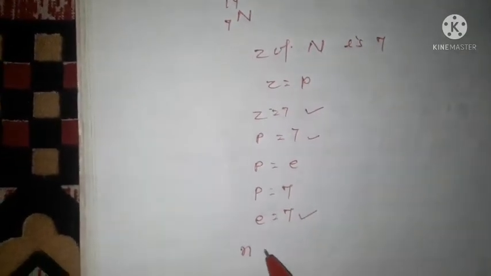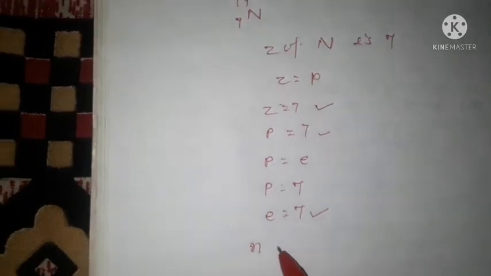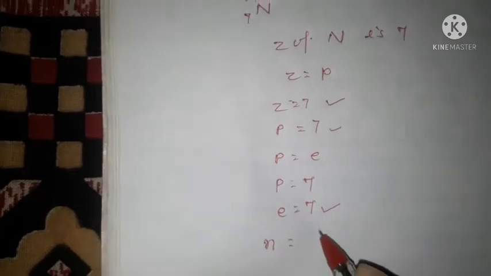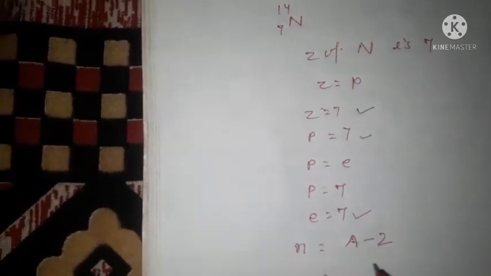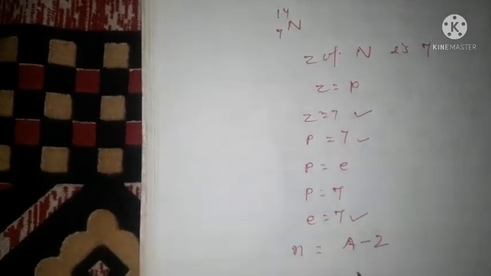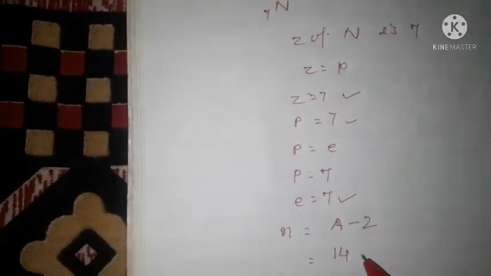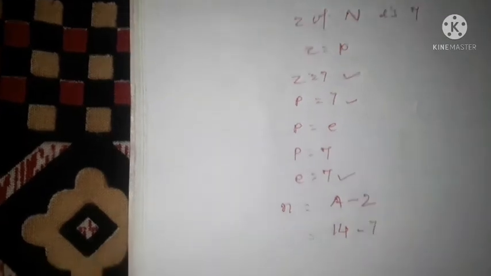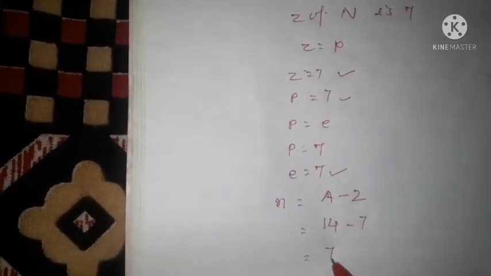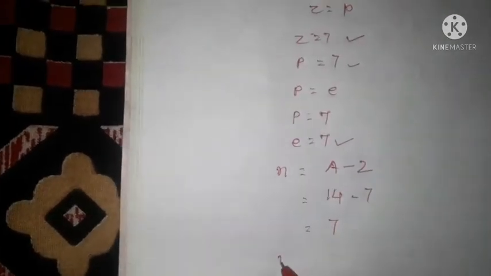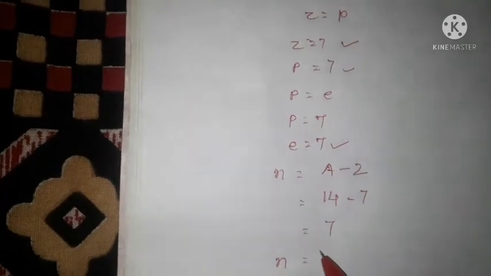Last, we have to derive neutrons. Neutron is equal to A minus Z. A of nitrogen is 14 and Z is 7, so we subtract and get the number of neutrons as 7.